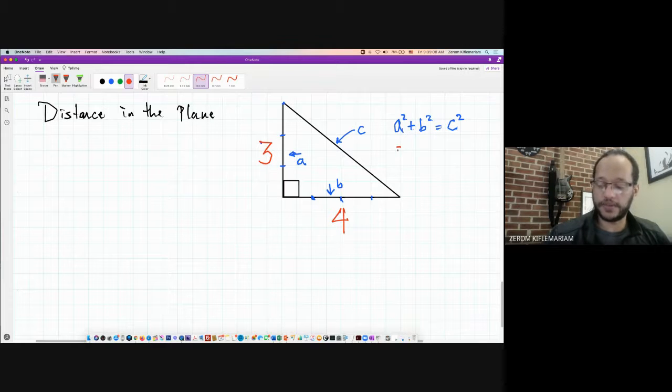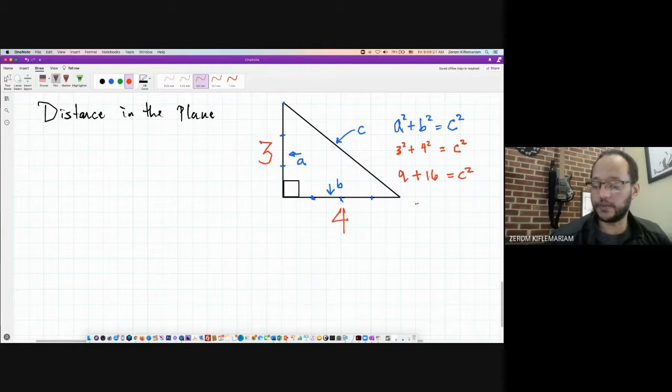A would be 3 squared plus B would be 4 squared is equal to C squared, the unknown. 3 squared gives me 9, 3 times 3. 4 times 4 gives me 16, equal to C squared.